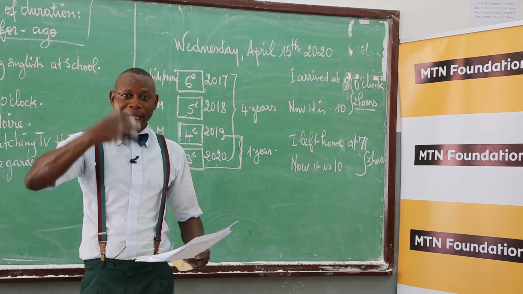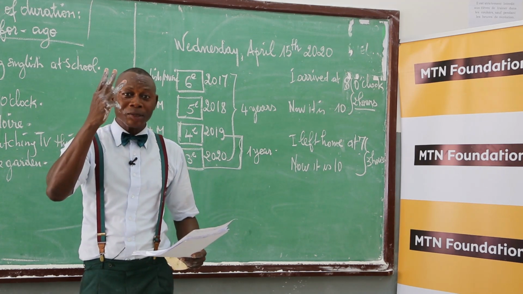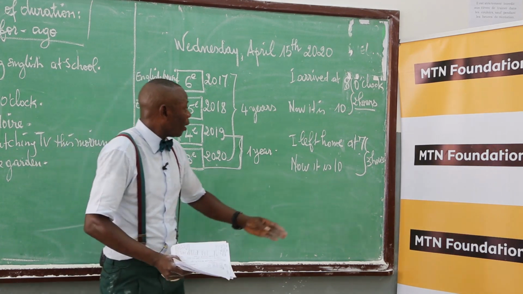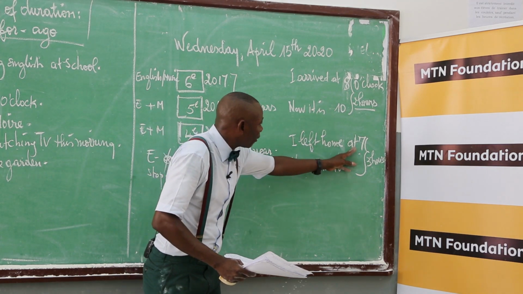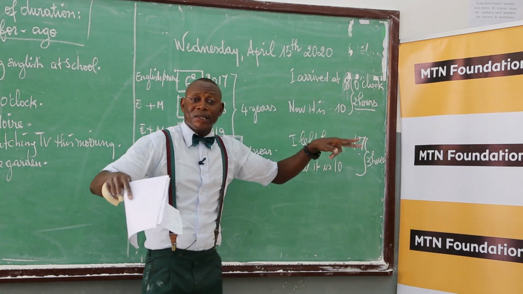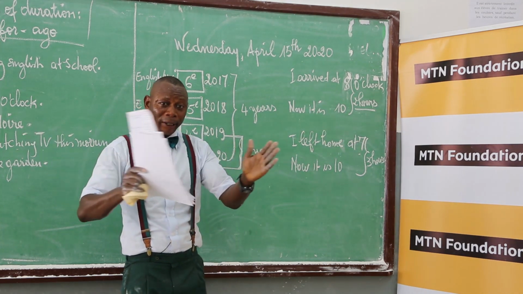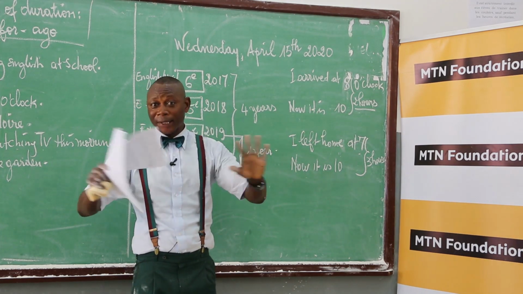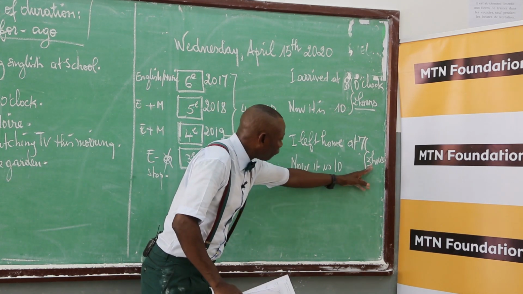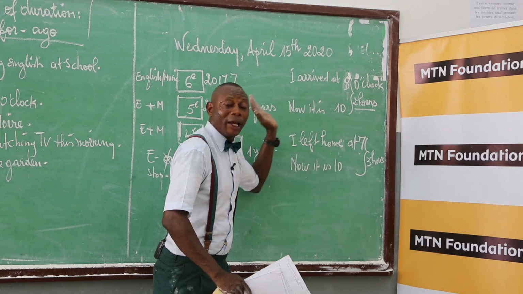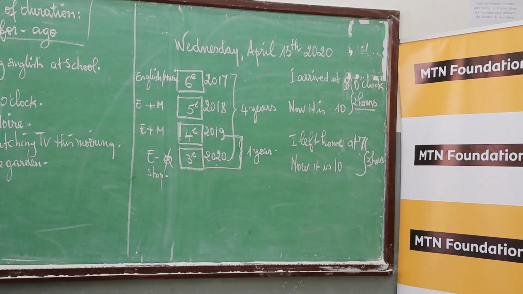I left home 3 hours ago because I left home at 7, and now it is 10. So the difference between 10 and 7 is 3. 3 hours have passed, okay? So that's why I say I left home 3 hours ago. Yes, let me write it.